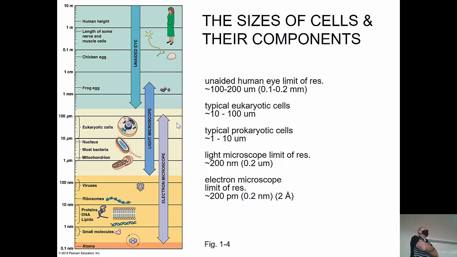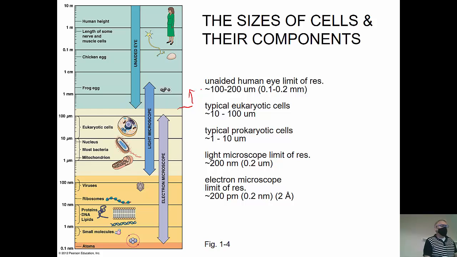So if we're looking at what we're capable of seeing, we have this chart here. If we look at this chart, the top section, everything above this line, which is around 100 to 200 micrometers, is what the average human eye can see.